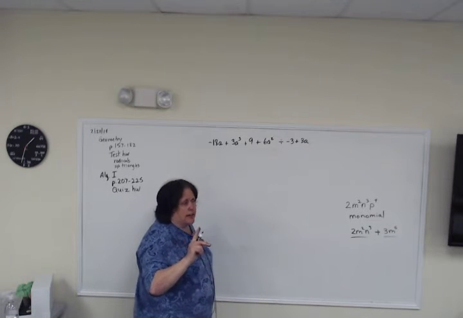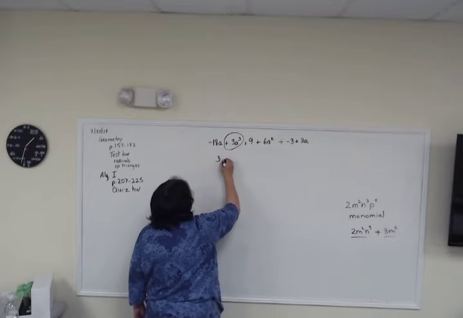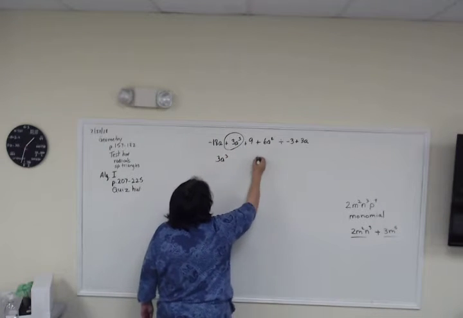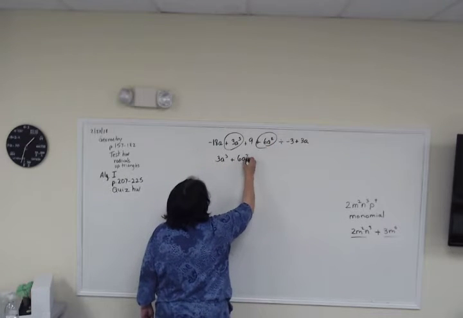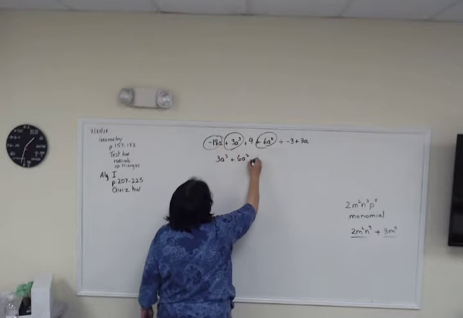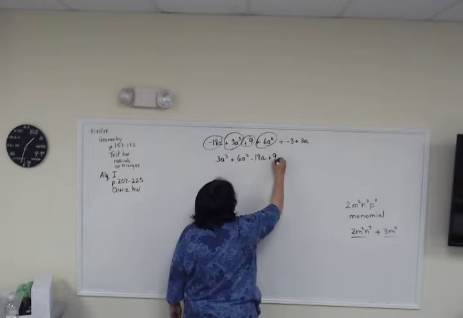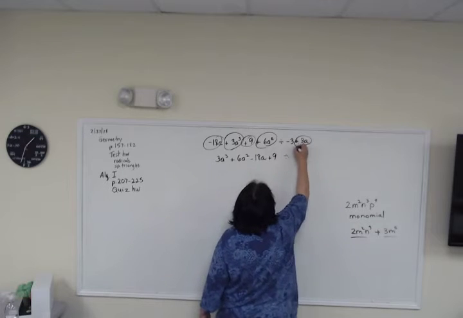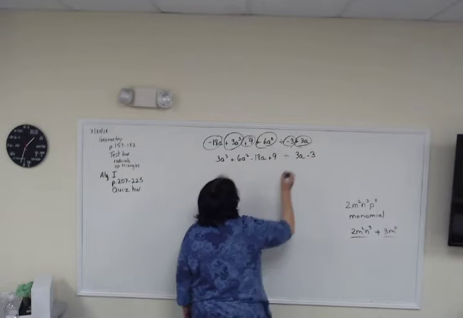The greatest exponent comes first. Positive 3a cubed, positive 6a squared, negative 18a, and positive 9, divided by a positive 3a and a negative 3.